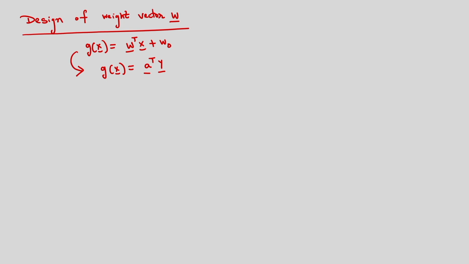So, Y is the augmented feature vector. So, it is x1, x2 up to xd. So, d dimensional feature vector, and I am appending 1. So, it is d plus 1 dimensional. So, this is the augmented feature vector.